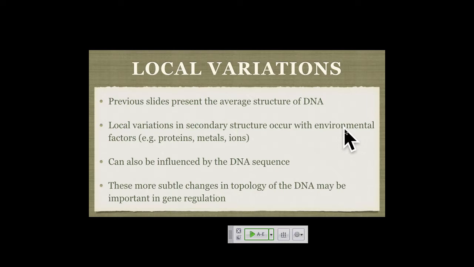In different locations within the DNA molecule, depending on the sequence, on other molecules that might be associated with it and such, there are some small minor variations. And some of these small topological changes may in fact be sufficient to help these proteins find these DNA sequences.